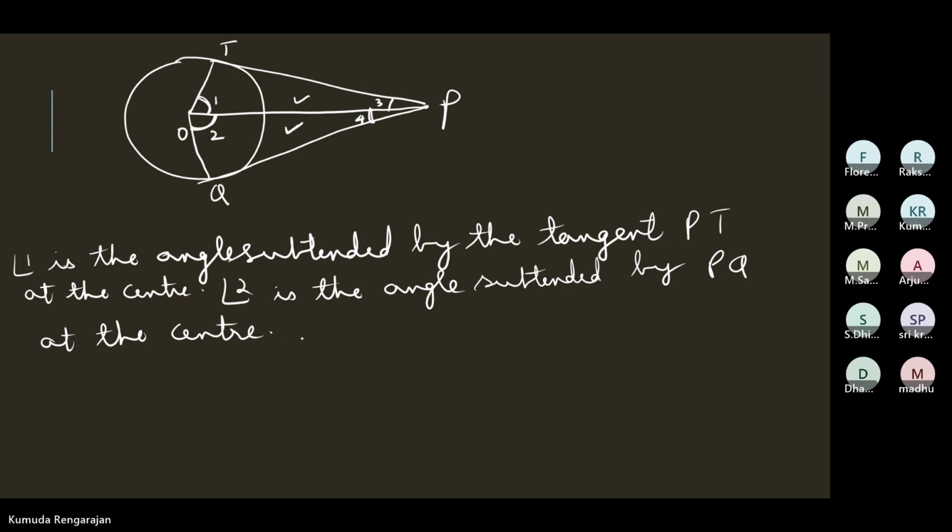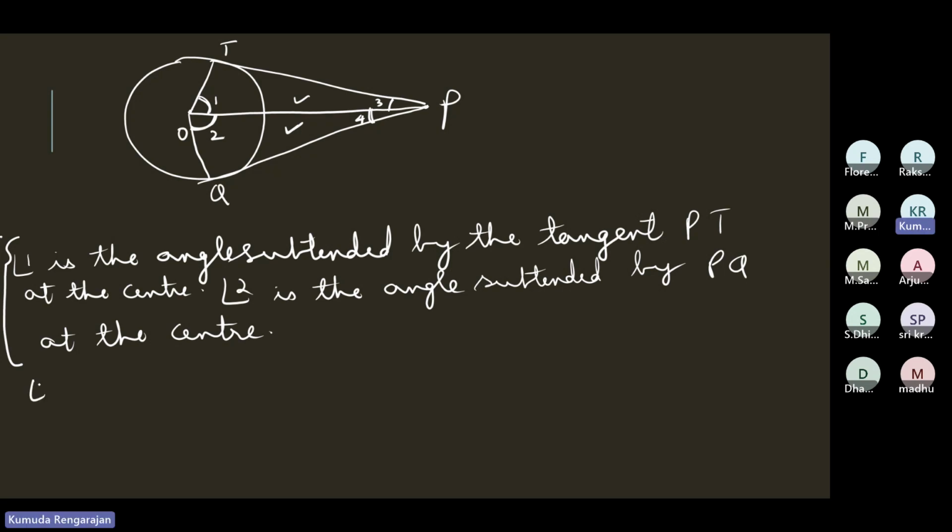Now, PT is equal to PQ because tangents from an external point to the circle are equal. Here I was just telling you how to express angle 1 and angle 2. What is angle 1? It is the angle subtended by tangent PT at the center. What is angle 2? It's the angle subtended by PQ at the center.